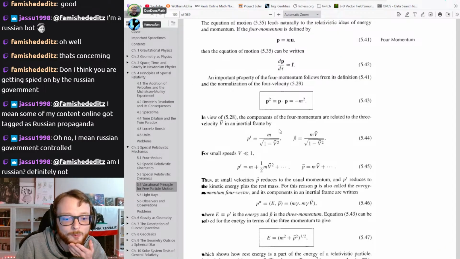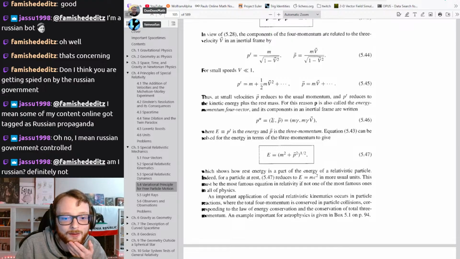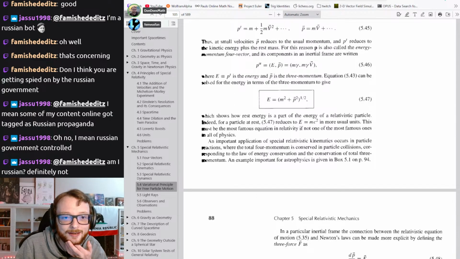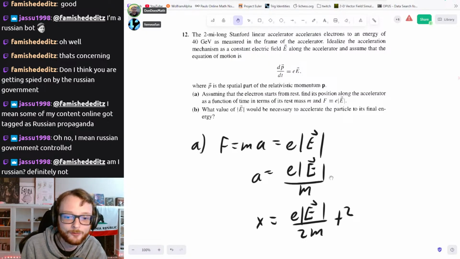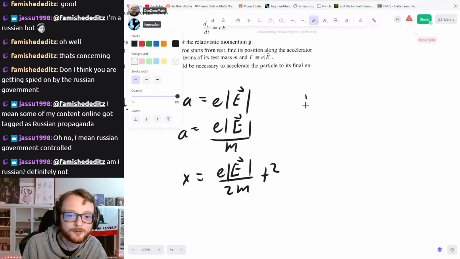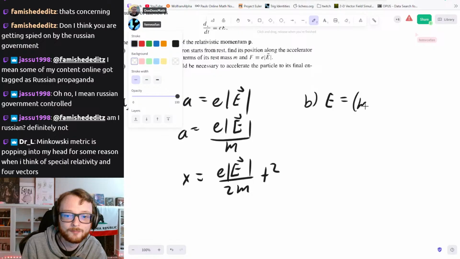That must be the one where we use the time component of the momentum 4 vector, which is energy. Or I guess we use E squared equals m squared plus p squared. Yeah, okay. Square rooted.